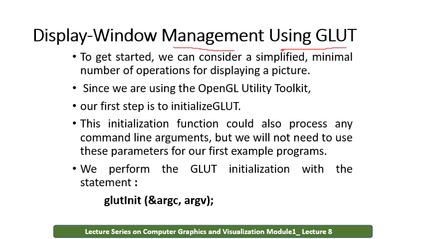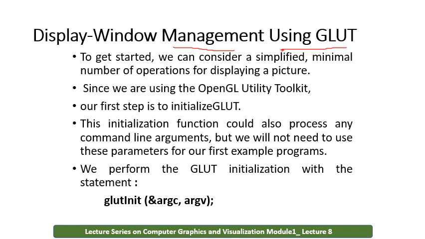The next very important thing is display window management using GLUT. We need to understand how exactly display window management using GLUT can be handled. To get started with window management, we need to consider a very simplified and minimal number of operations for displaying a picture.